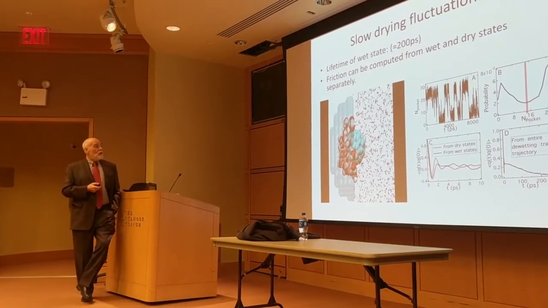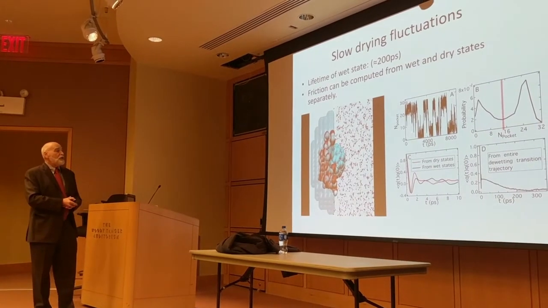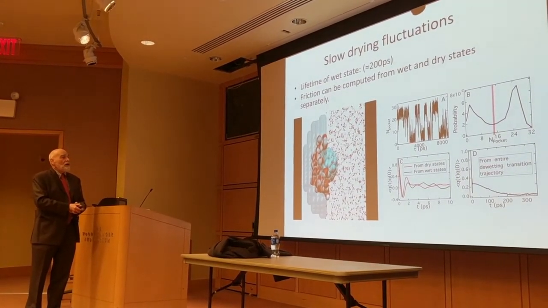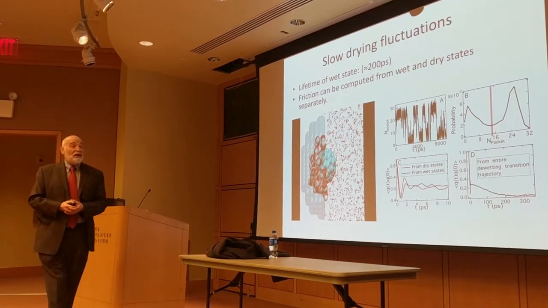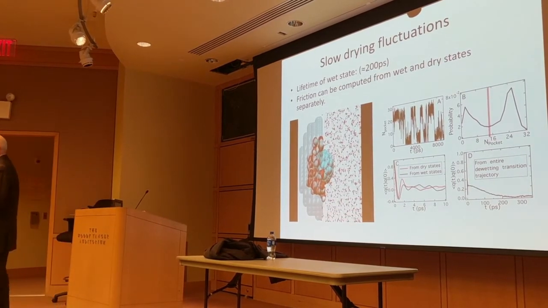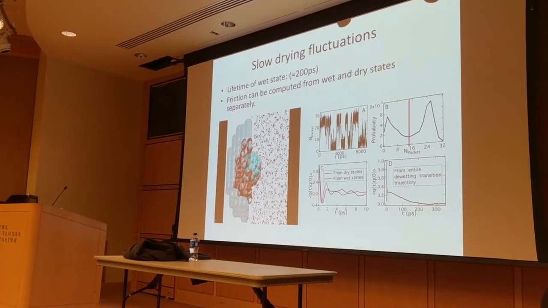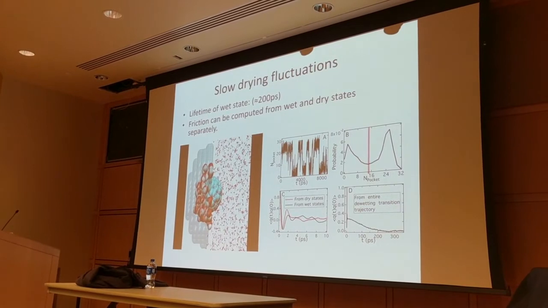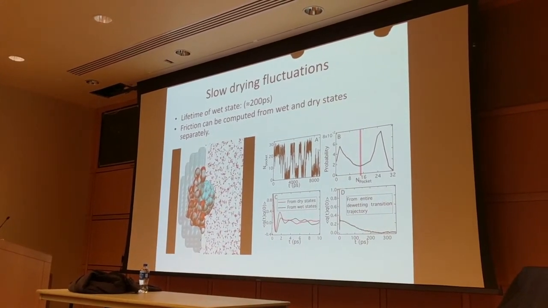But here, what we observe is that the water fluctuations in the pocket go from high to low, but look at the time scale, 4,000 picoseconds. That's a huge time. Usually when you do Brownian motion theory or diffusion theory, you assume that the solvent moves very rapidly compared to the degrees of freedom you're interested in. Whereas here, the fluctuations are slow.